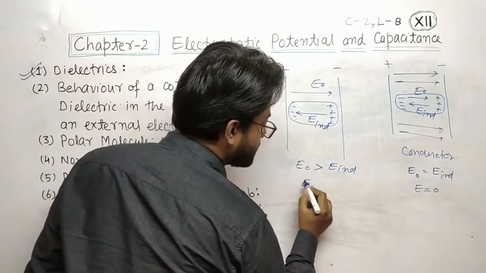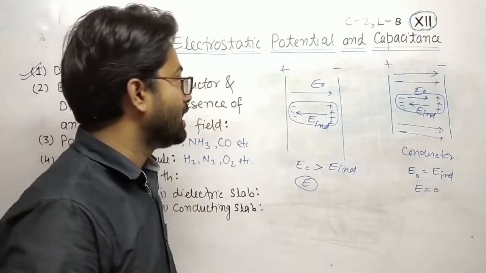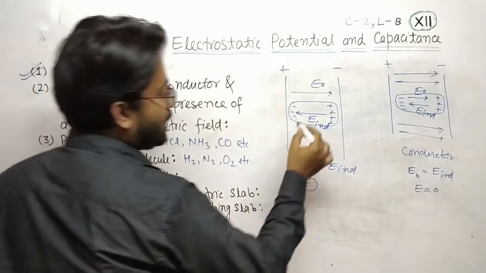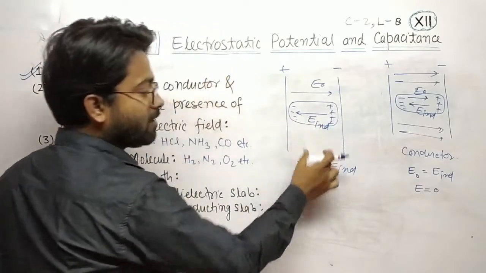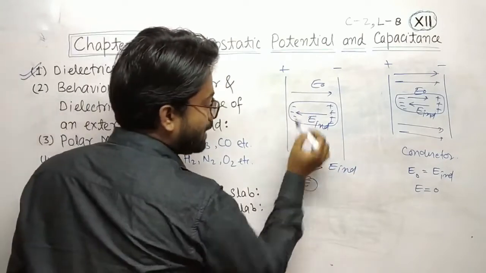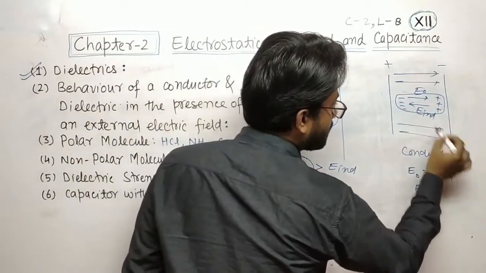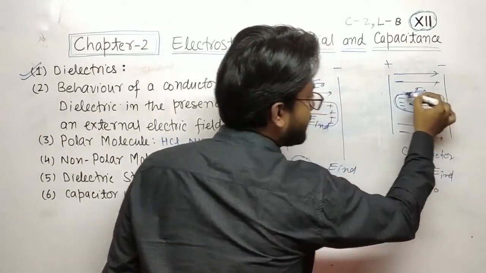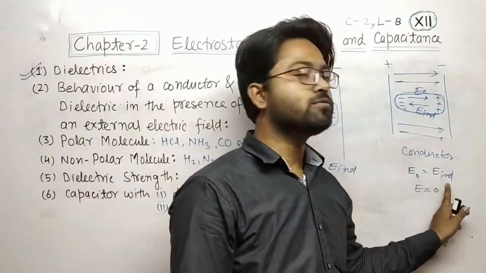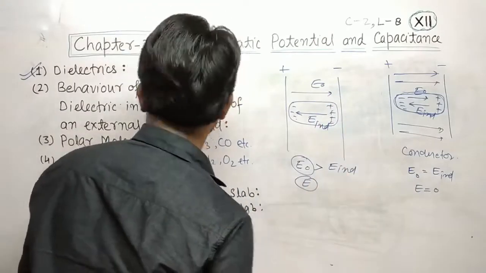That means there exists an electric field inside dielectric materials. This is the behavior. The electric field inside the dielectric material will be present, and this will be less than the external field. And in the case of a conductor, there is no electric field inside because the external electric field and induced electric field are equal. That means the net electric field will be 0.